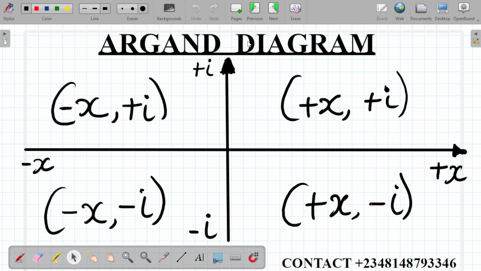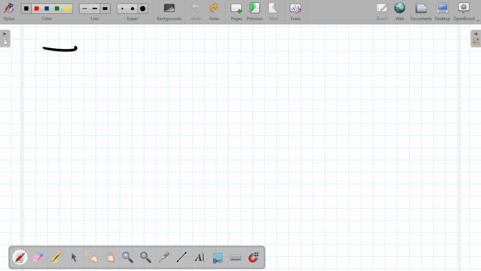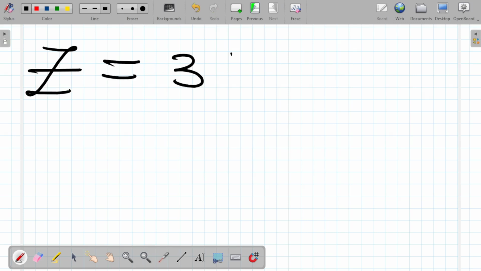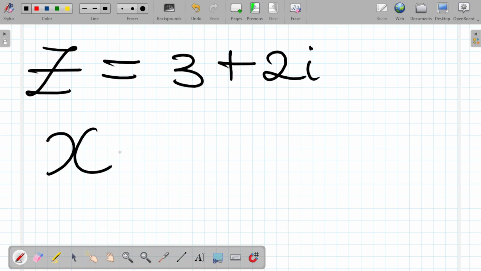Alright, so let's take some examples. If z is equal to 3 plus 2i, and we are asked to represent this complex number in an Argand diagram, our first task is to identify the terms given. Recall that x is the real part, and the real part in this complex number is 3. So x is equal to 3.